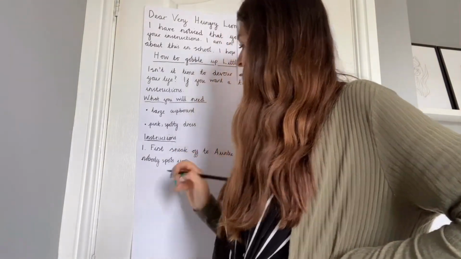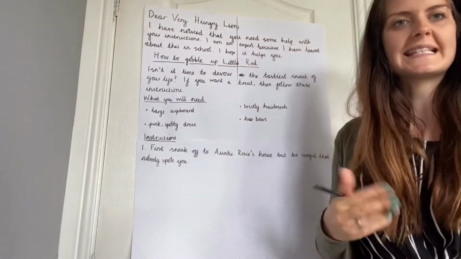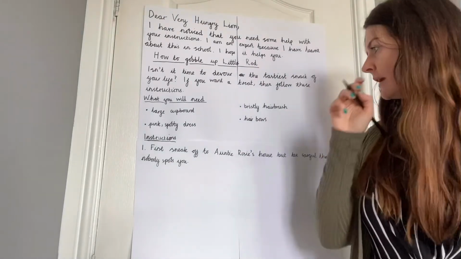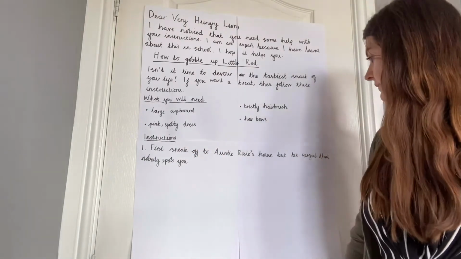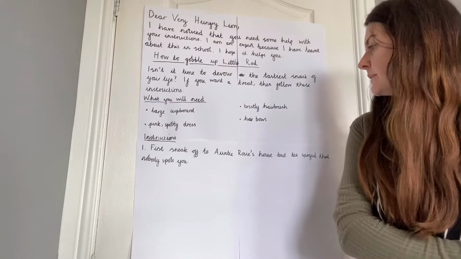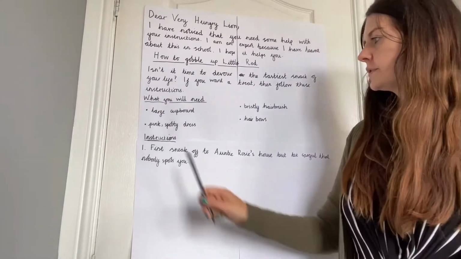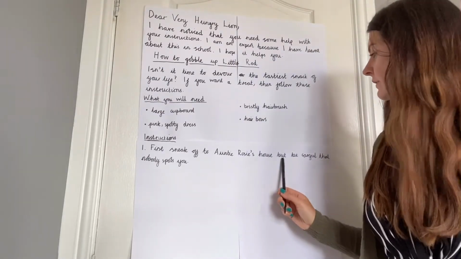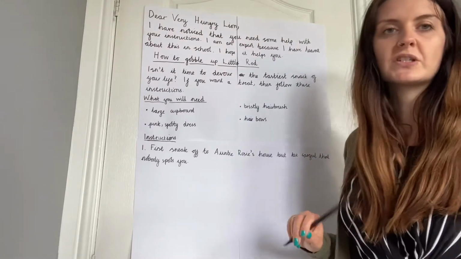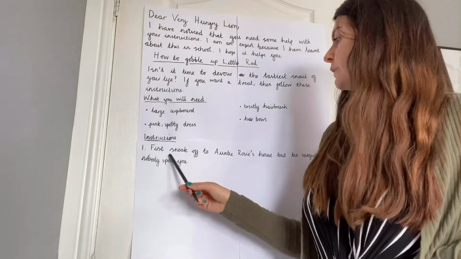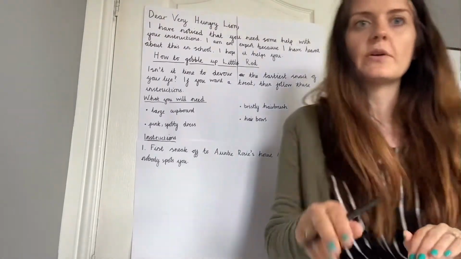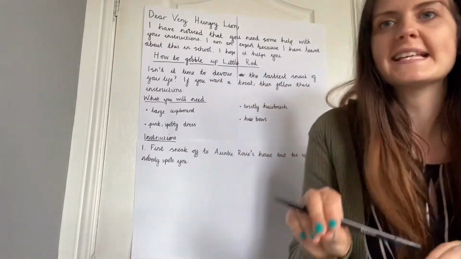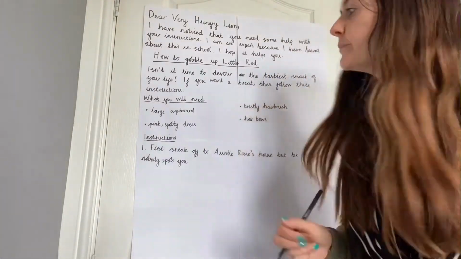I've used the word spots because I think it's a bit better than sees and I want to use interesting verbs. So first, sneak off to Auntie Rosie's house, but be careful that nobody spots you. So I've got fronted adverbial and I've got my conjunction. And I've also got my imperative verb, which is the doing word. So I've got the word sneak. That shows you don't just need to walk, you need to actually sneak. So no one sees you, you've got to be really quiet.